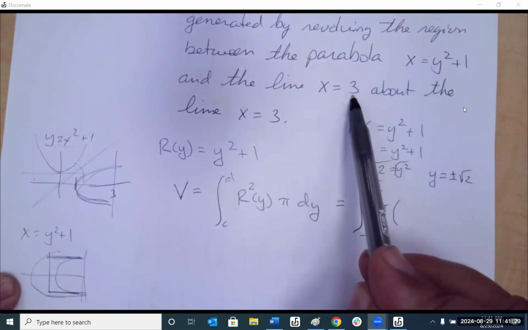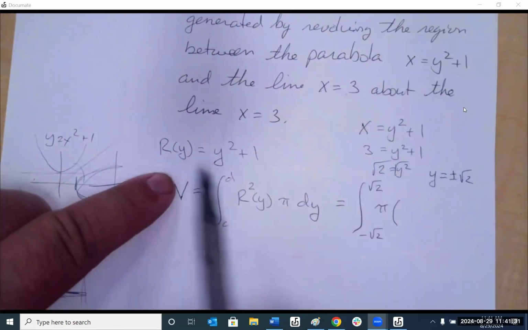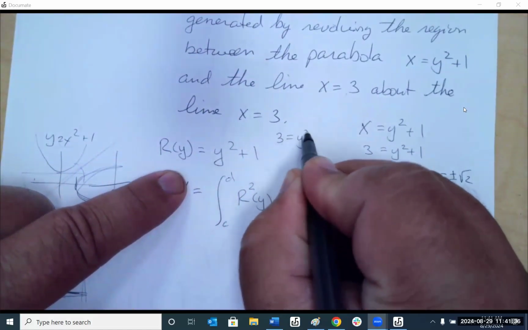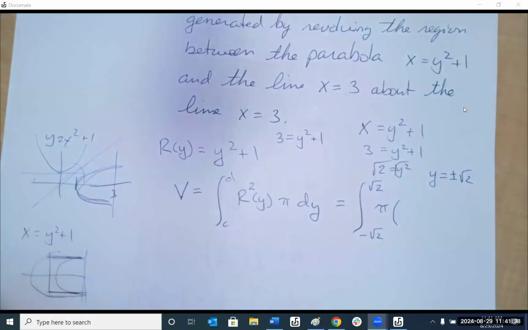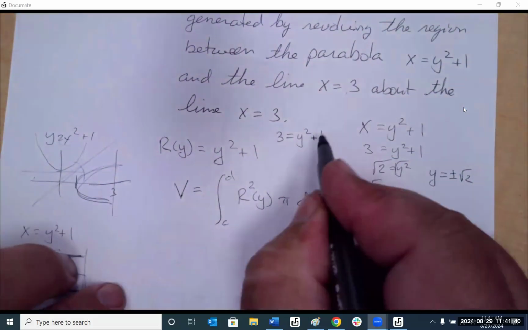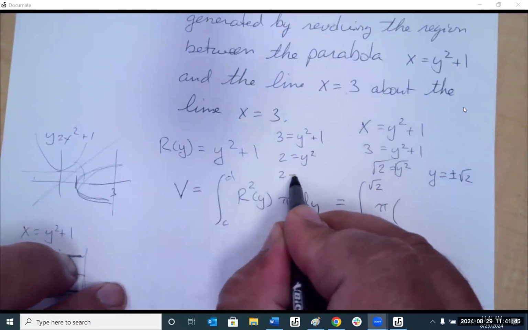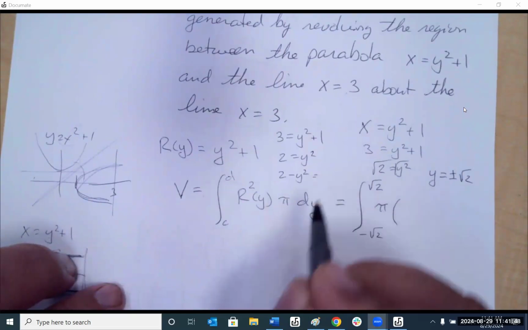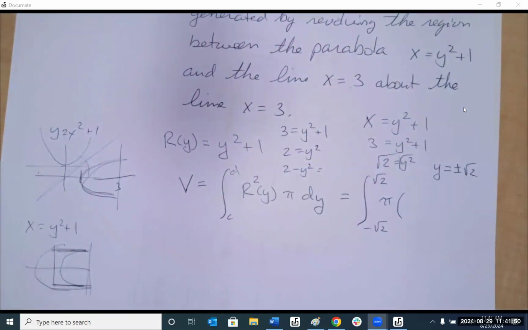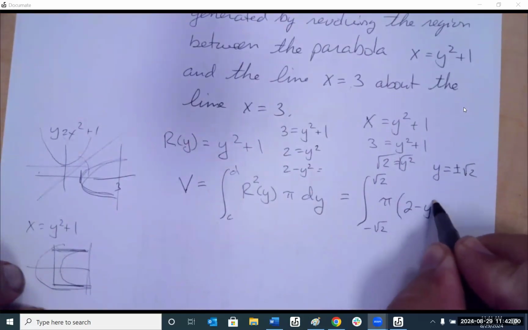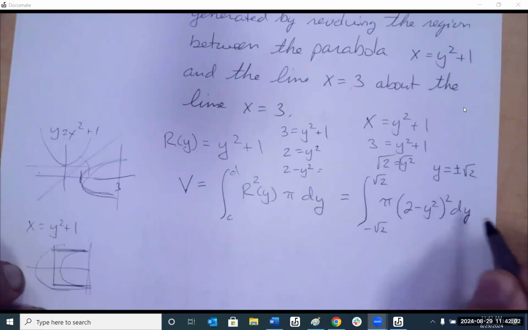Well, the only one we know is x equals 3, so subtract 1. So we have 2 minus y squared. That's going to be our function. That'll define our equation and what we're looking at. So we have 2 minus y squared dy.